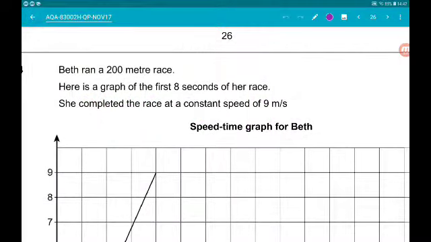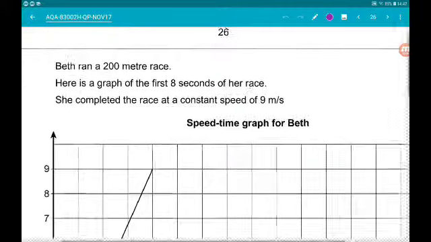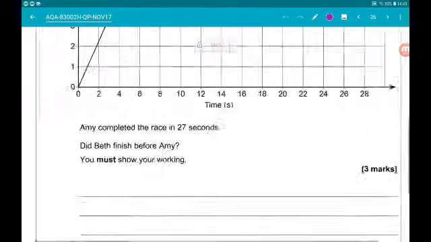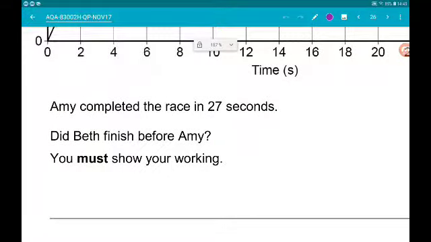Question 24, we have a speed time graph. So Beth ran a 200 meter race. We got the graph of her first 8 seconds of the race. We're told she completed the race at a constant speed of 9 meters per second. Amy completed the race in 27 seconds.